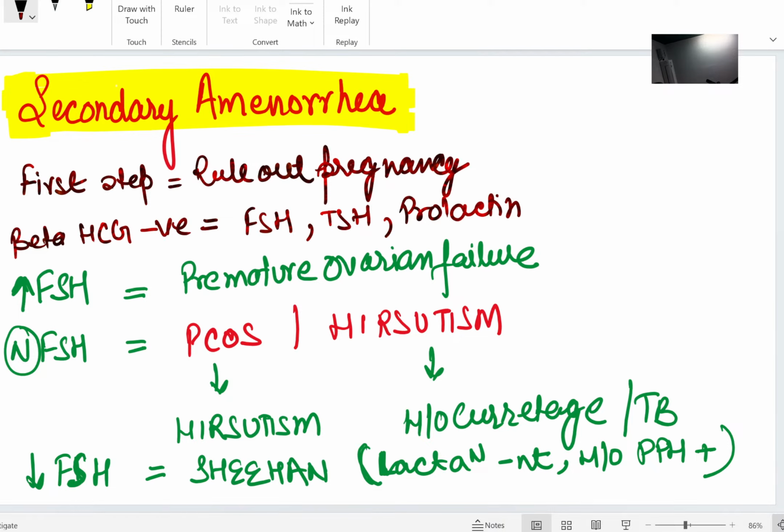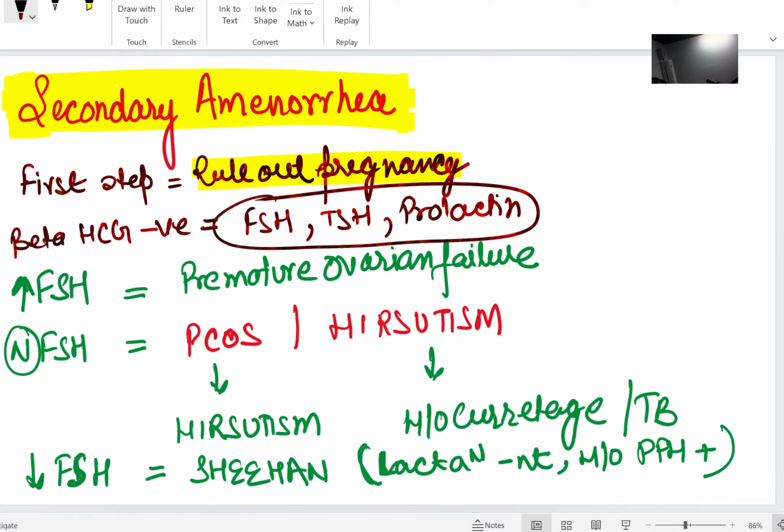Okay, let's start. Secondary amenorrhea. What is the first step in secondary amenorrhea? We have to rule out pregnancy. If beta HCG is negative, then we have to get three tests done: FSH, TSH and prolactin.